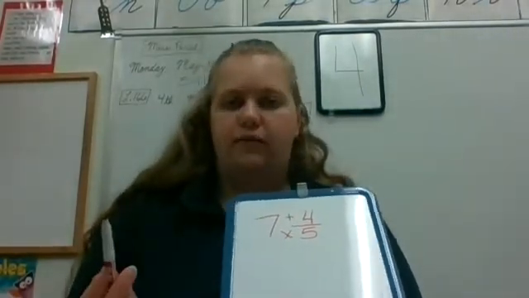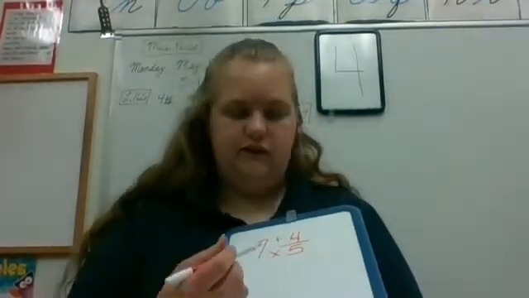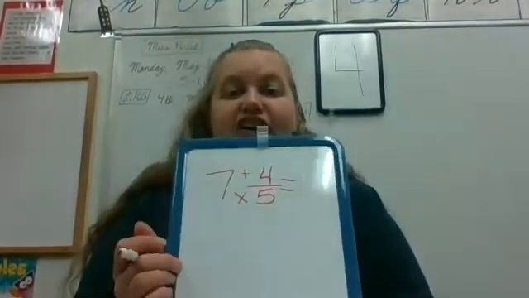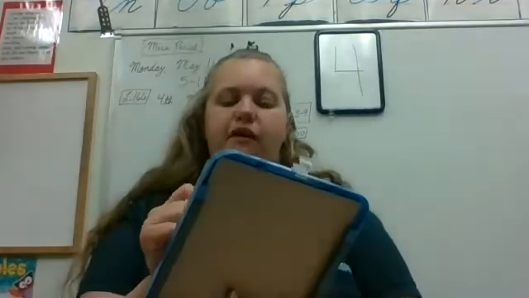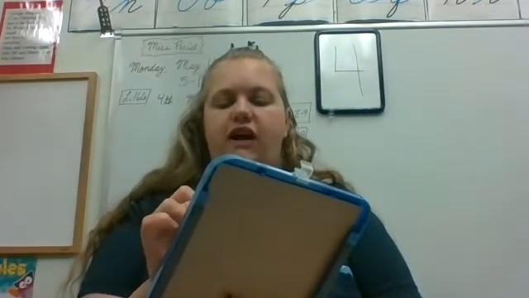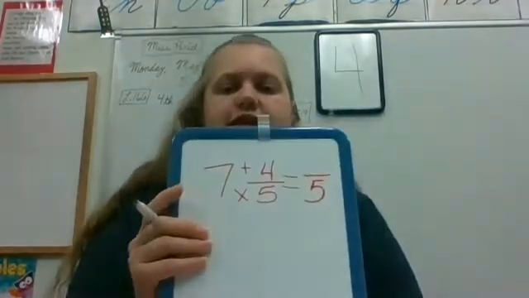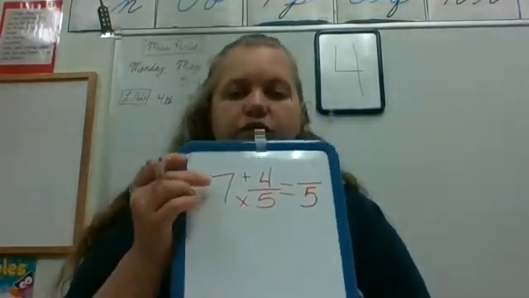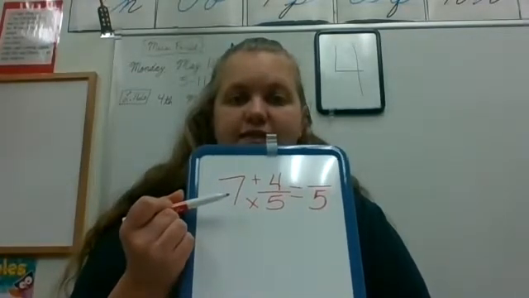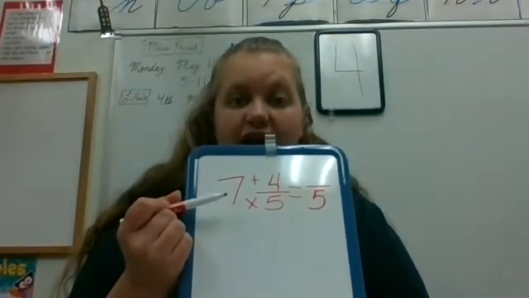What is the bottom number of our new fraction? Our same denominator, right? We keep that the same. So 5 is going to go on the bottom of this fraction. I'm going to start the fraction like this, with a 5 on the bottom with a line over it. Now, 5 times 7 is what? 35, okay?